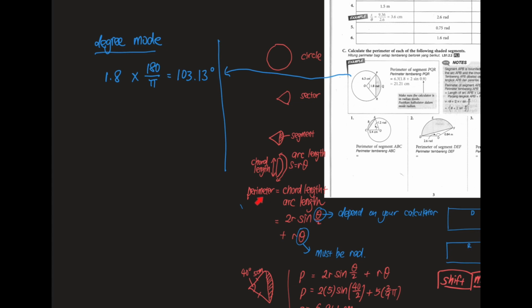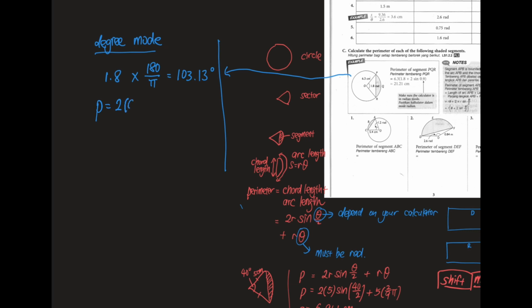Now I use this formula. Parameter equals 2r sine theta over 2, plus r theta. My calculator is in degree mode, so I use degree, but this one must use radian. Then you do it like this.